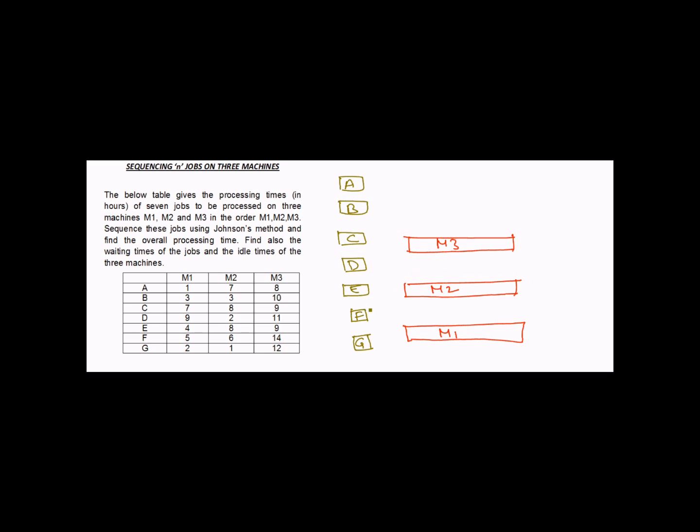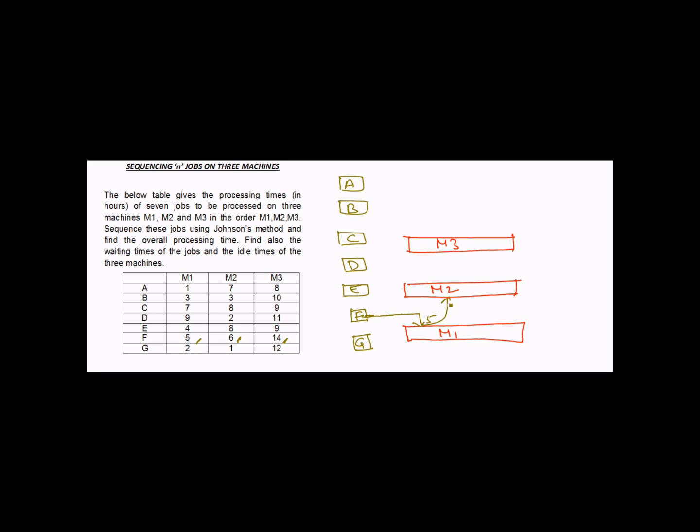For example, suppose we are scheduling job F first. It has been given that F takes 5 hours on machine M1, 6 hours on machine M2 and 14 hours on machine M3. So what this means is that first F has to be processed on machine M1, which will take 5 hours.